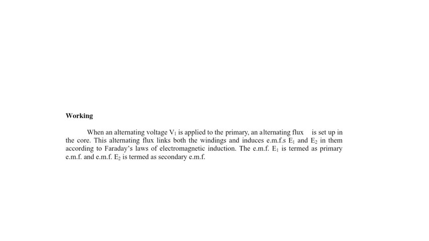This alternating flux links both the windings and induces EMFs E1 and E2 in them. E1 in the first winding, E2 in the second winding. According to Faraday's law of induction, E1 is termed the primary EMF and E2 is termed the secondary EMF. EMF is electromotive force. We have discussed this in a previous lecture.